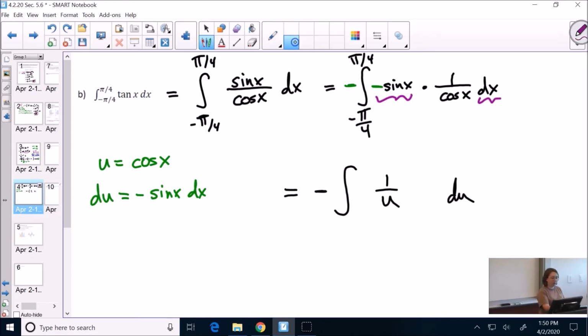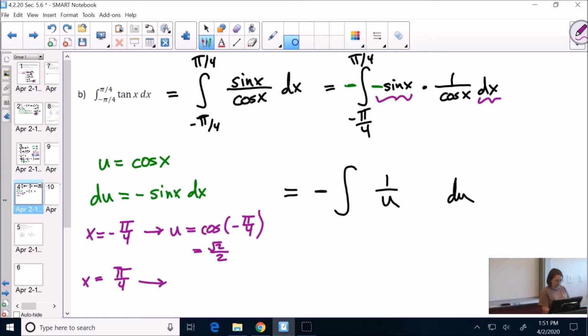Now that we know that our u-sub is good, we're going to change our x's. So x was negative pi over 4 to positive pi over 4. Negative pi over 4, we plug that into our u, the cosine of negative pi over 4. That's in the fourth quadrant, where cosine is positive, so that would be square root of 2 over 2.